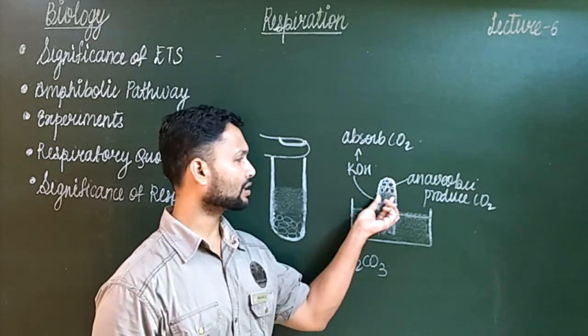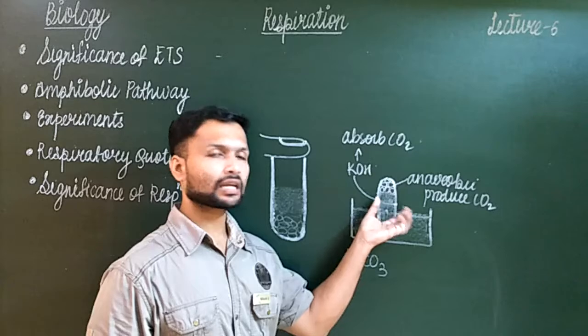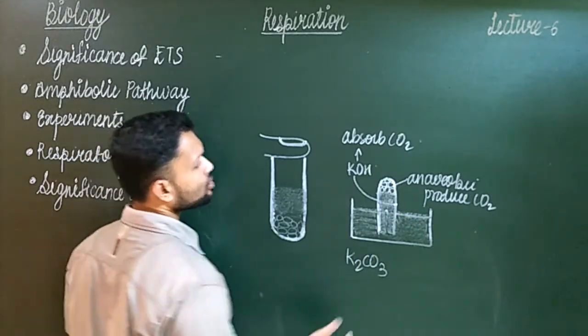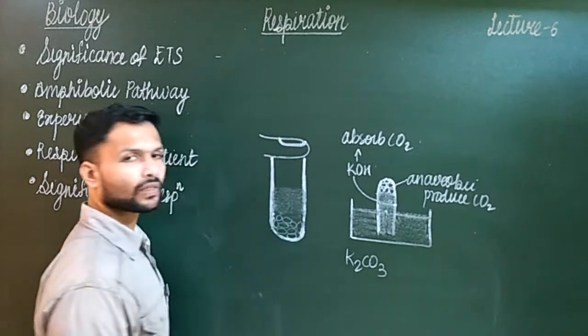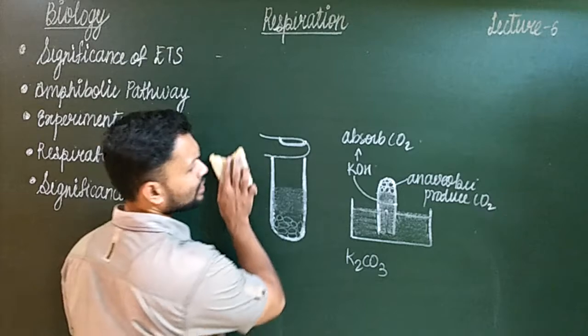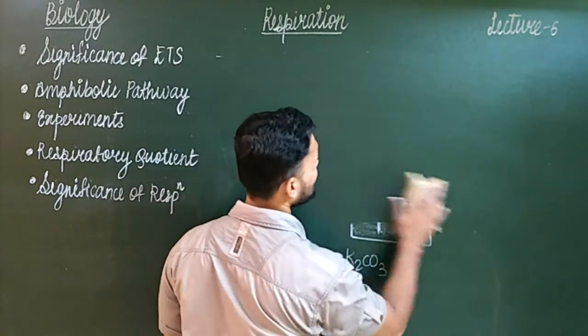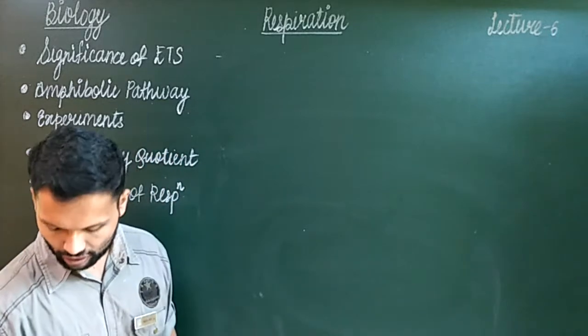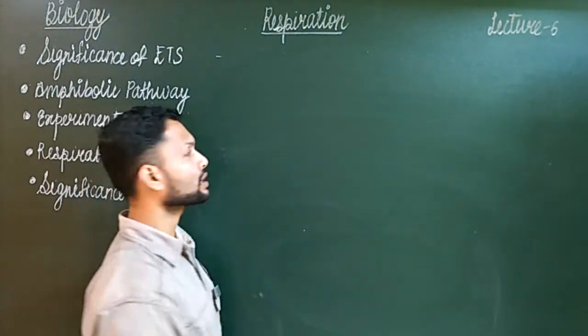Since the gas is removed, it creates a vacuum which pulls the mercury level up. So this shows the seeds have produced CO2. These two experiments tell you that in the absence of air, anaerobic respiration can occur. That's the only bottom line you need to understand.